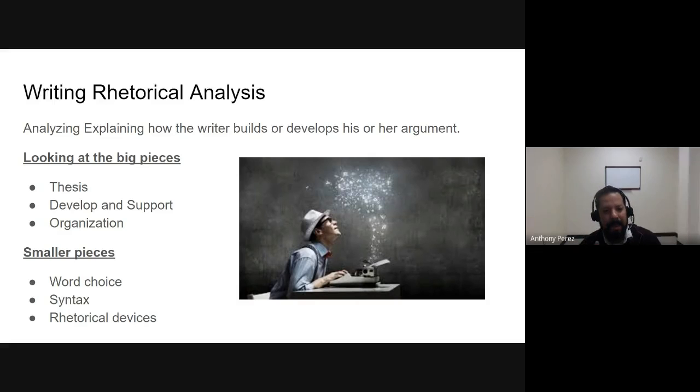So the reason why this is important is it's just like driving a car, right? If you just read a piece for fun, it's like just knowing how a car moves. You put gas in it, someone's on the steering wheel, and somebody uses the gas pedal and the brake to move the car around, right? You know that because you've ridden in cars and you've seen cars your whole lives.